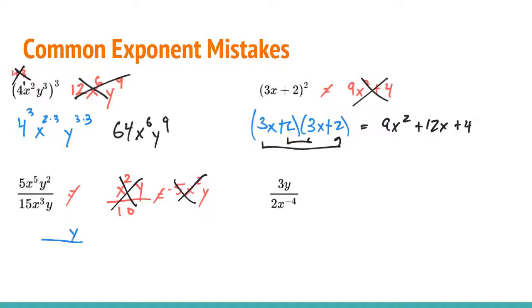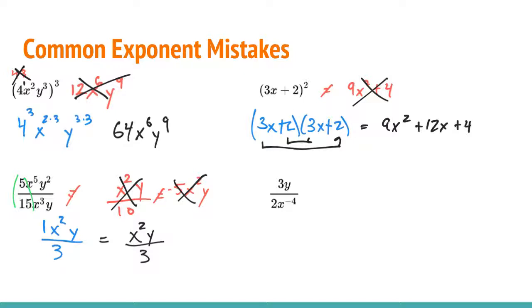You have a y on top and you have an x squared on top because of those power properties, but you have to then reduce the 5 over 15 part as if it was a fraction, and you'd have a 1 over 3. And your final answer would be x squared y all over 3. And so be careful with division. This is 5 over 15, and they follow your rules of fractions versus the rules of our exponents.